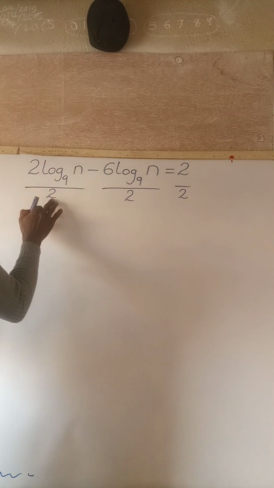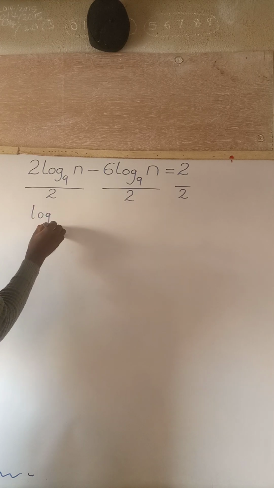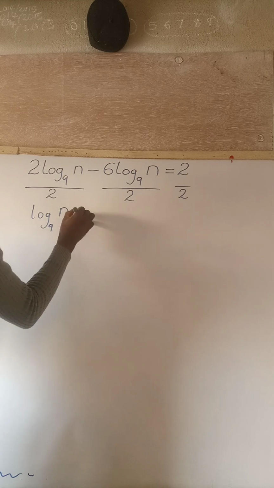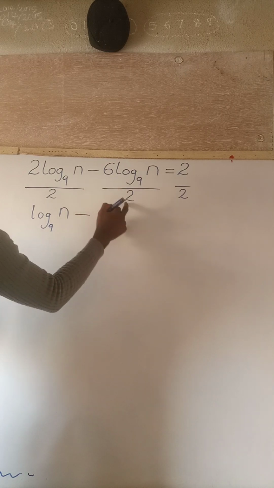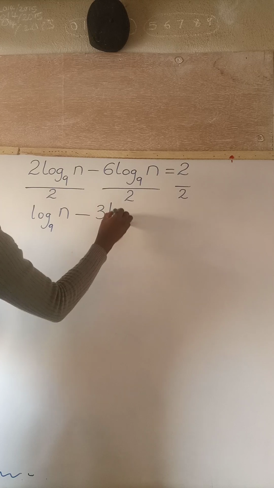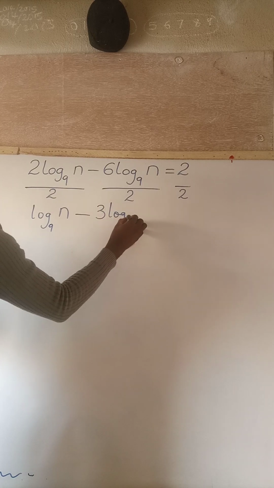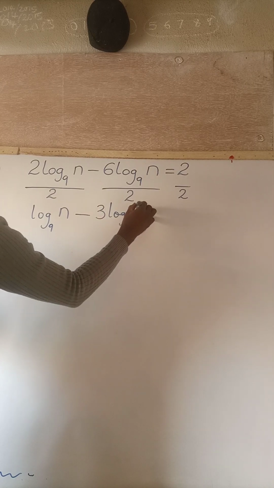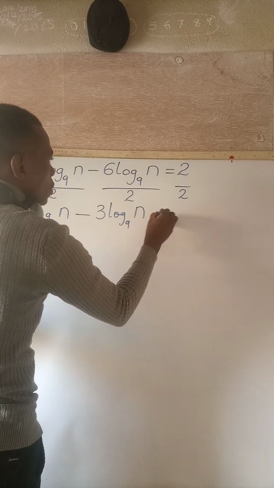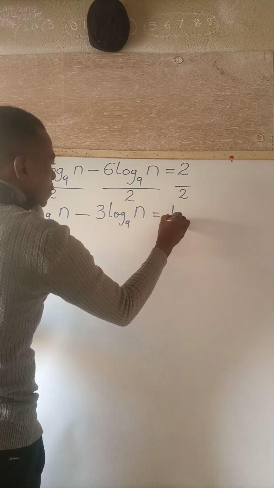So, this divided by 2 will give us log, the base is 9. And minus 6 divided by 2 will give us 3. So we now have log, remember that the base is 9, and this place now will be n, which is equal to 1.